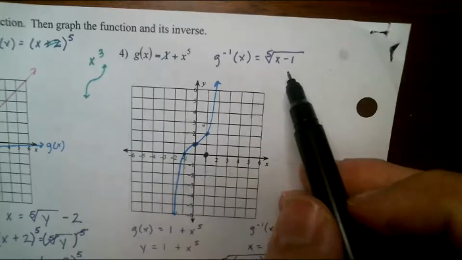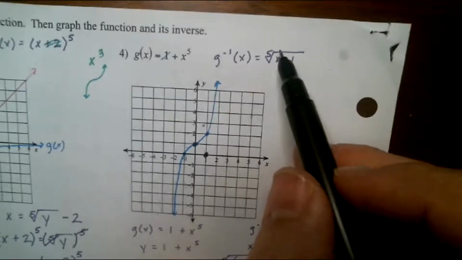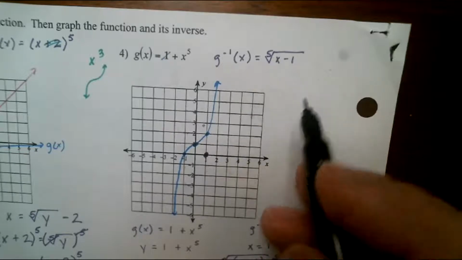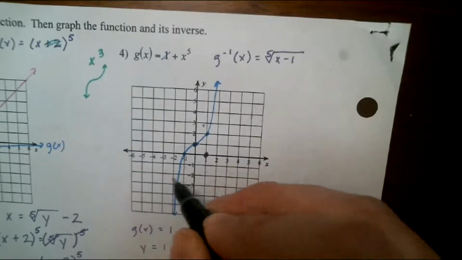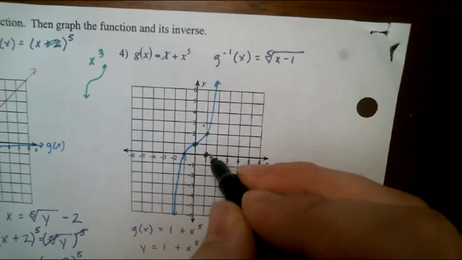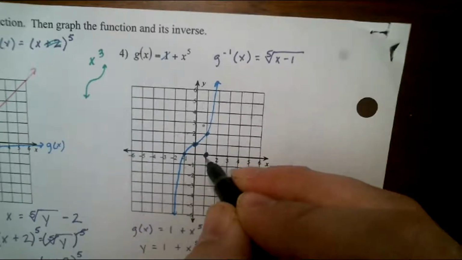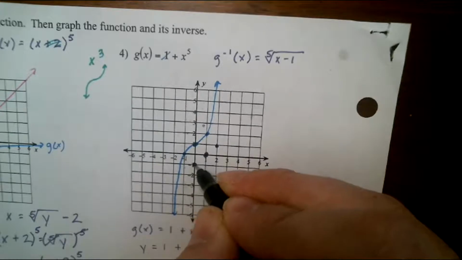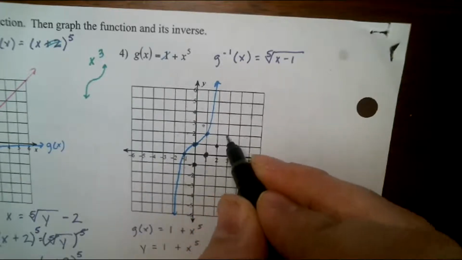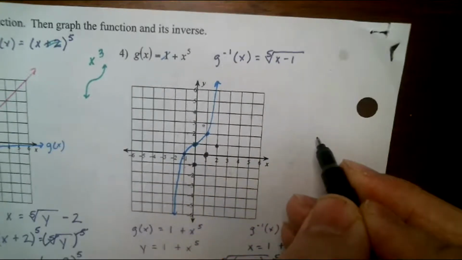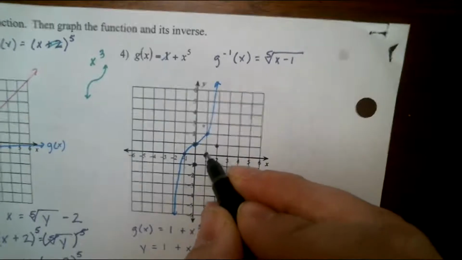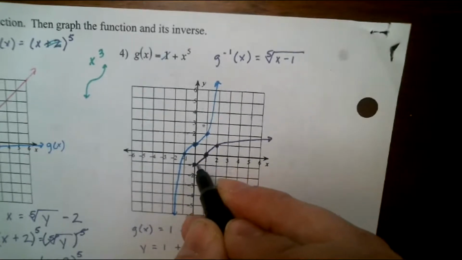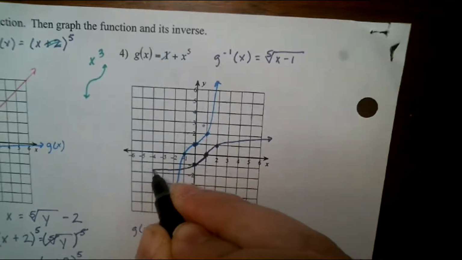And then again, how do I graph the 5th root of x? It's just like x cubed. It's the snake, but it's sideways. So go right 1, up 1, left 1, down 1. I would have to go up 2 and right 32, which I can't do. So I'm just going to graph that looking like this and graph that one looking like this.